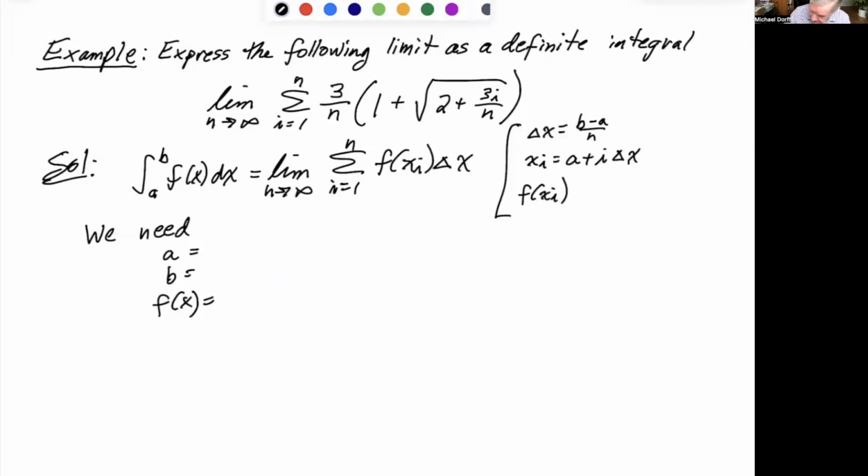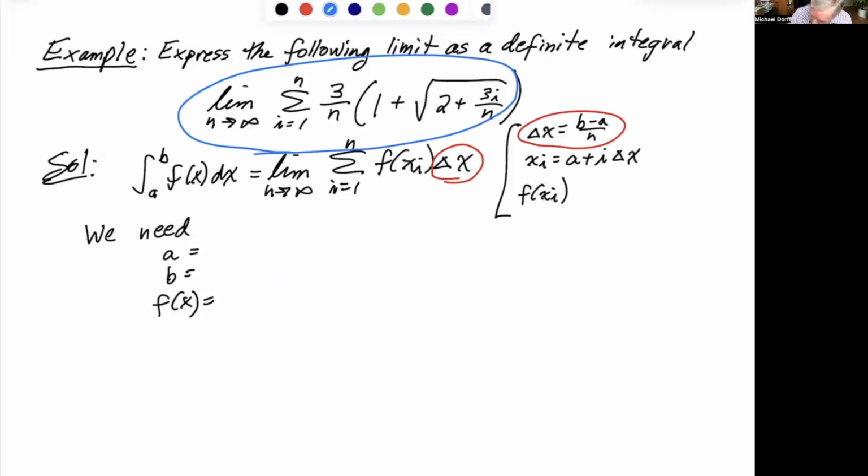All right, so what do we have? We've got this and that. I'm going to look at my original limit, the one here that I'm circling in blue. What represents delta x? Well, I'm going to cross some things out because those are the same.